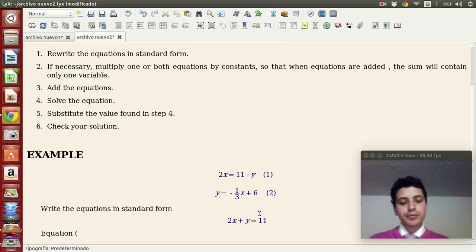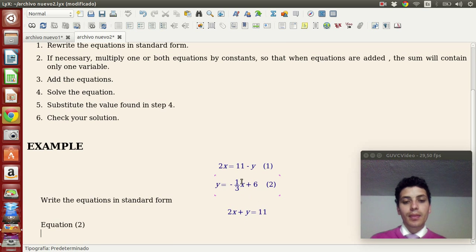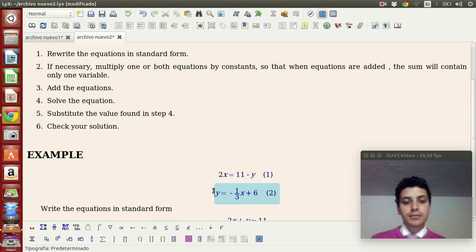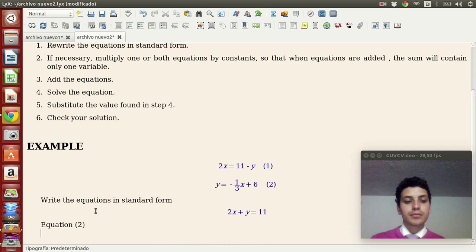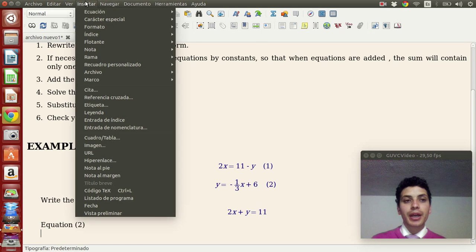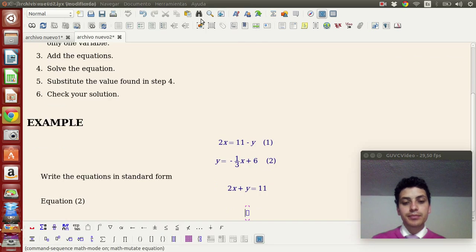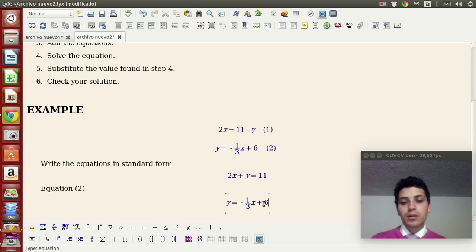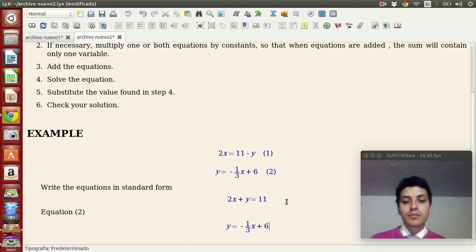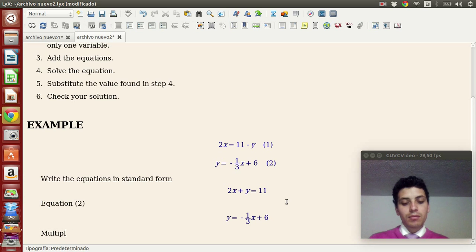Equation 2. Remember, we're gonna get it in a standard form. So we have 1/3 of x. I will start by multiplying by 3.